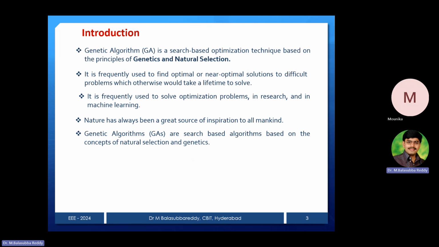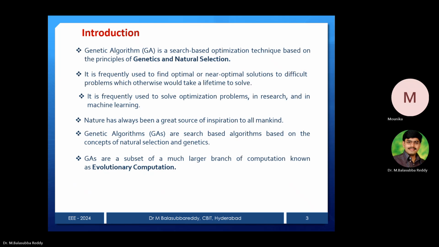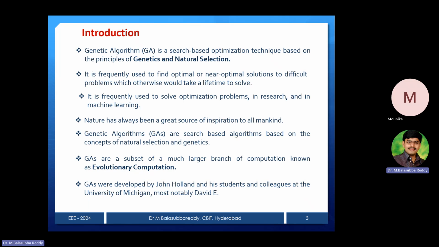So how genetics works, that we are applying to solve our problem. GAs are a subset of a much larger branch of computing known as evolutionary computation, developed by John Holland along with his students and colleagues.